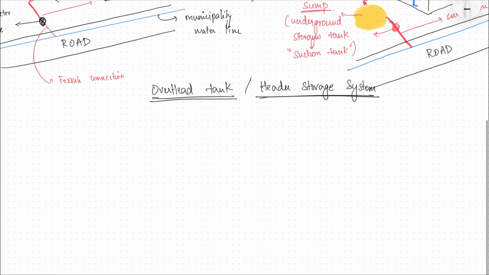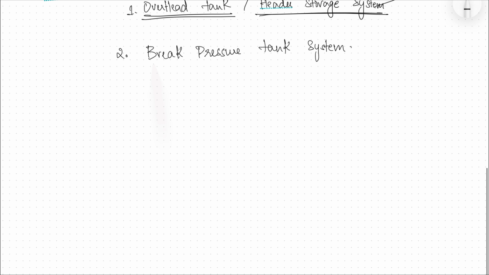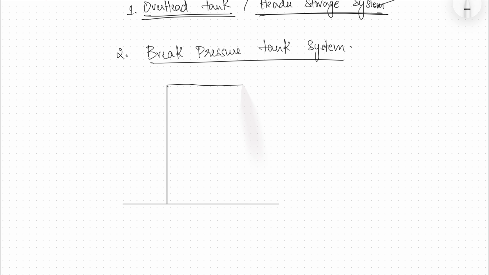Then you have something called the break pressure tank system. Now imagine a multi-story building with multiple levels. I'm just drawing a few here, and this has an overhead tank.